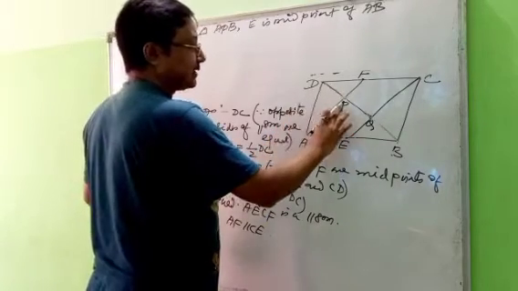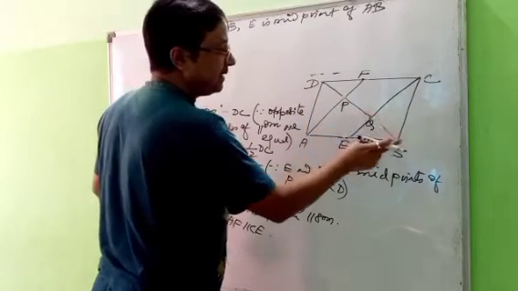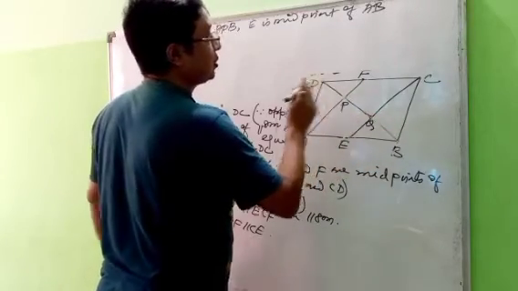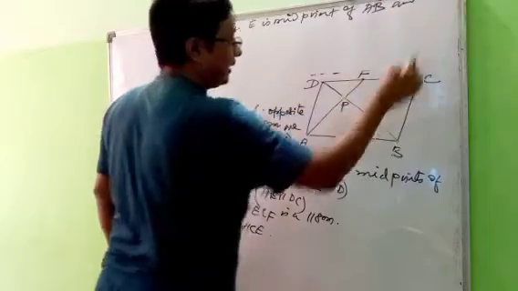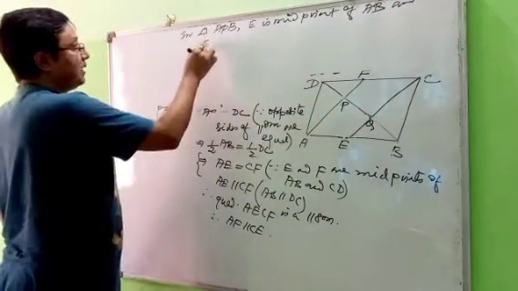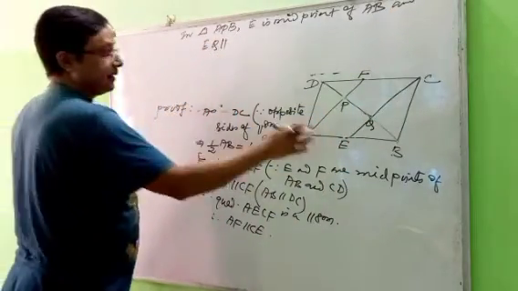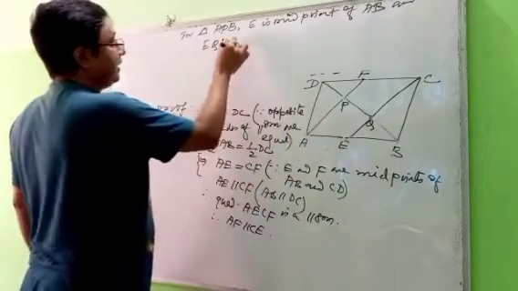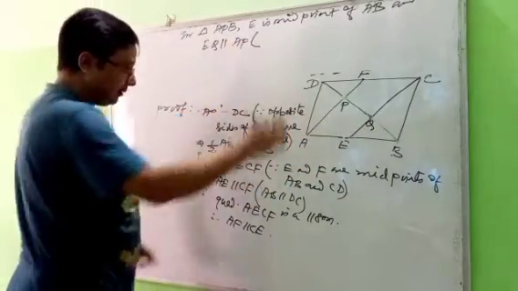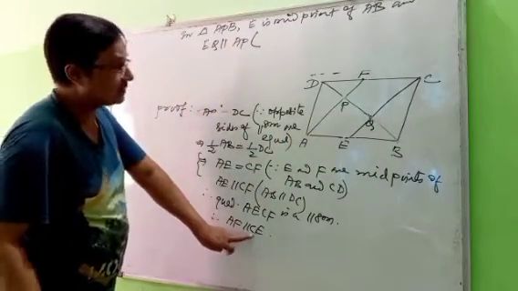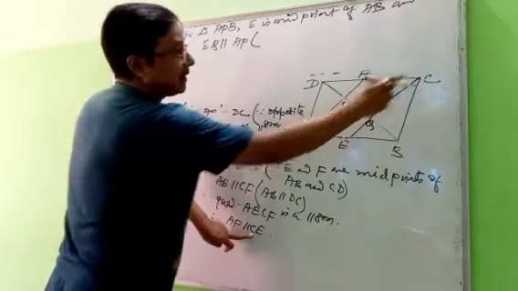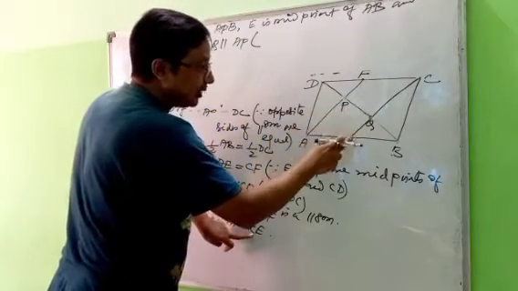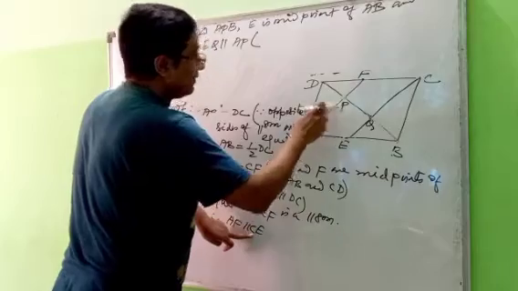This is the second side, and this PB becomes the third side. So EQ is parallel to AP, because you have proved that AF is parallel to CE. That is why EQ is parallel to AP.